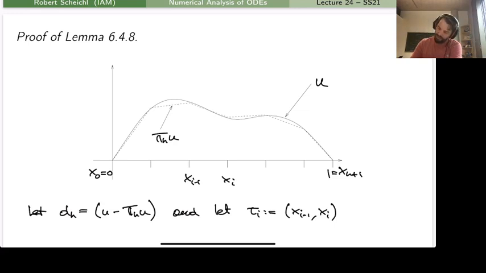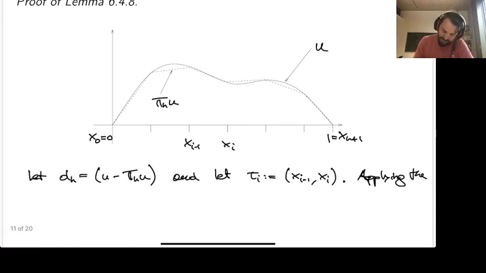And now we apply the mean value theorem. If you don't remember that, please look back at your analysis lectures or at Numeric 0.